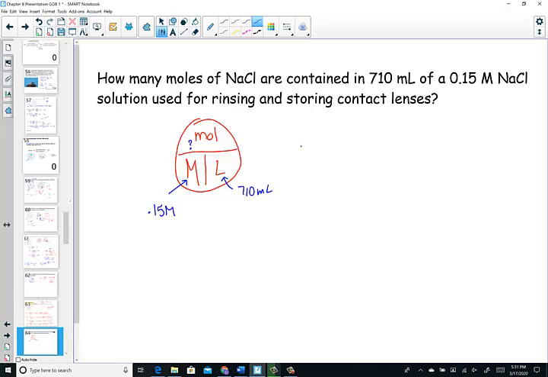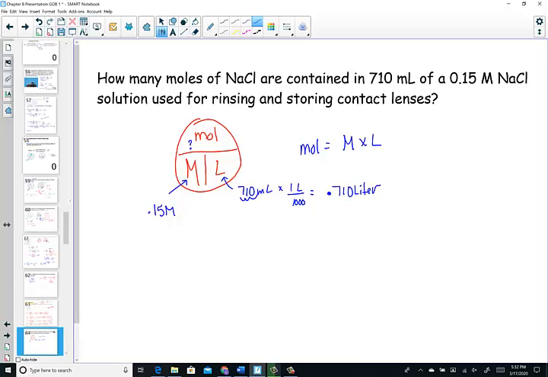So if I want to know mole, I need to take molarity times liter. And remember, to get this back into a liter, we have to divide by 1,000. So this, moving your decimal 3 spots left, is 0.710 liter.